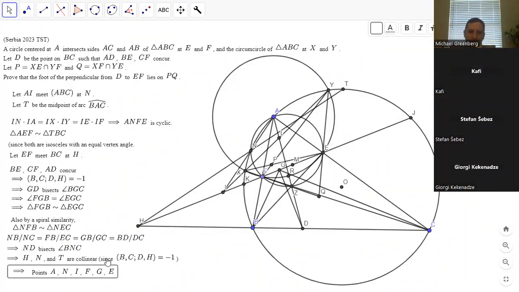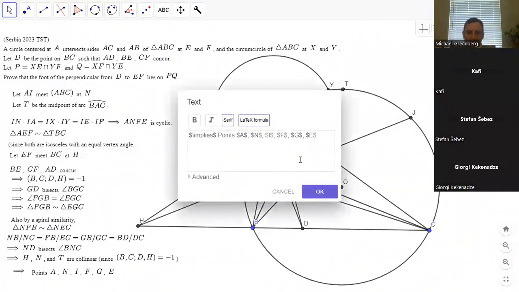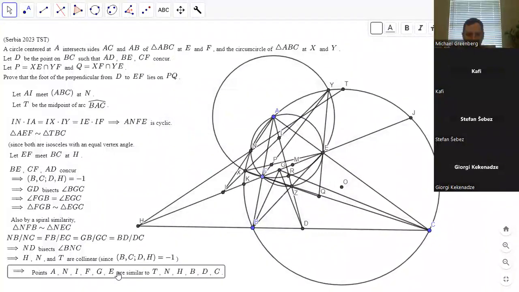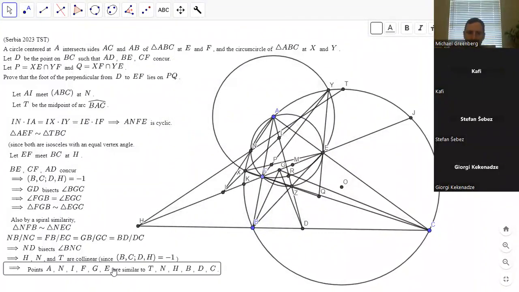It's kind of what I was thinking. TNHBDC. And if that's true, then since HBDC are harmonic, IFGE is harmonic.